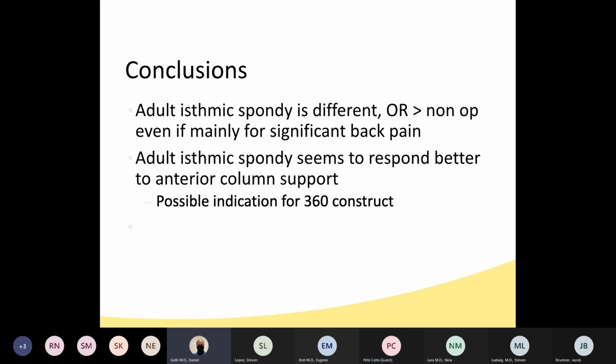Hey, the only thing you didn't cover, which I think is really important, especially on the fellow level, is you didn't talk about sagittal plane and reduction.